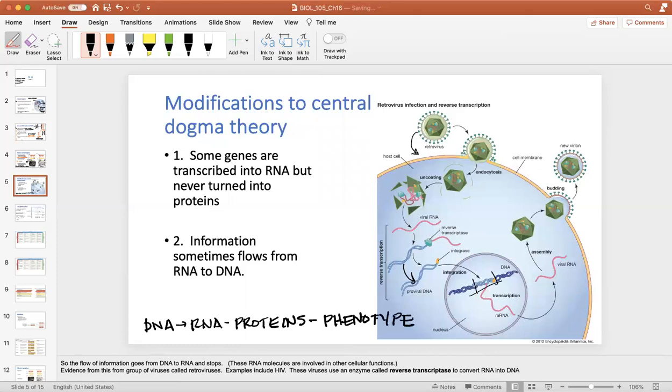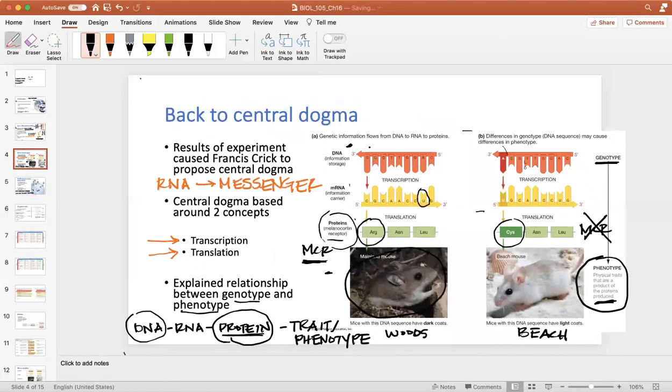It led to an understanding of biology that was sometimes summarized as the one gene, one enzyme theory. And you could substitute that to mean one protein, but this was back in the early days of understanding this. So basically, one gene would code for one particular protein. Back up here, we have one gene, and it's coding for the melanocortin receptor.